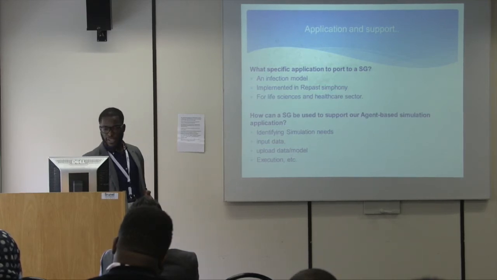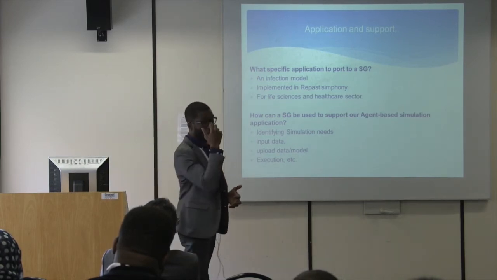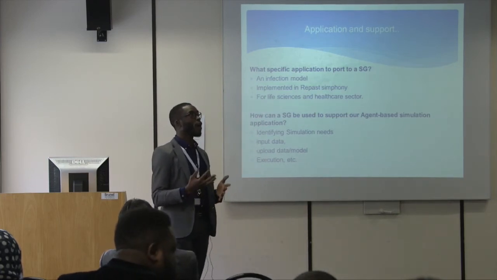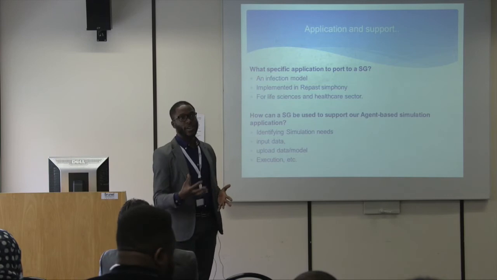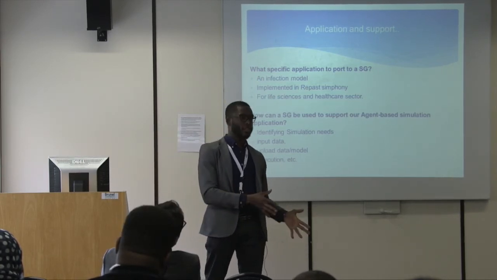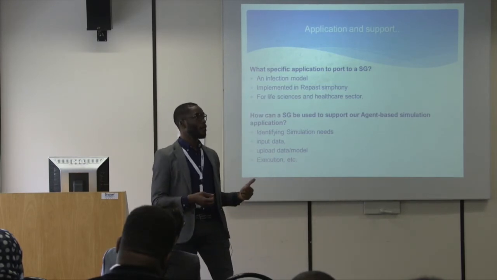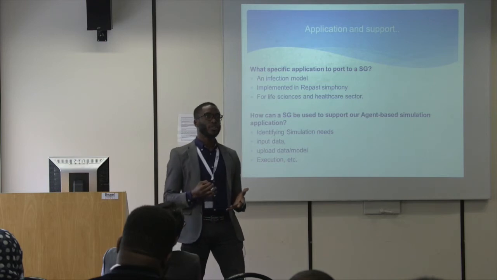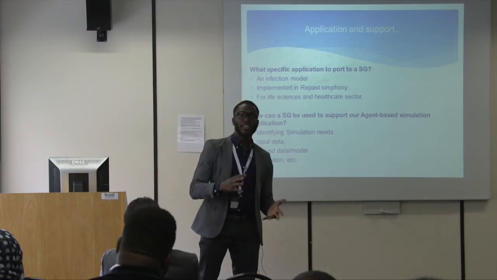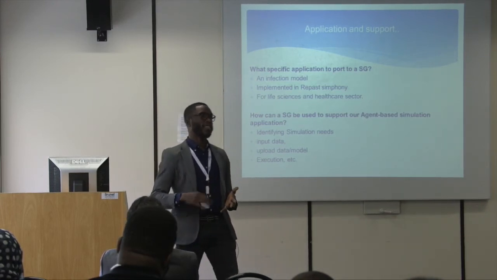So how can a Science Gateway be used to support our agent-based simulation application? In order to develop a Science Gateway for a community of practice, we have to start by identifying their special needs for that specific scientific domain. So for our agent-based simulation model, we know that a simulation needs a way to input data, a way to upload models and to perform some sort of execution.